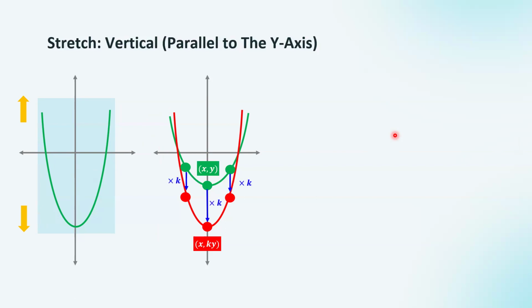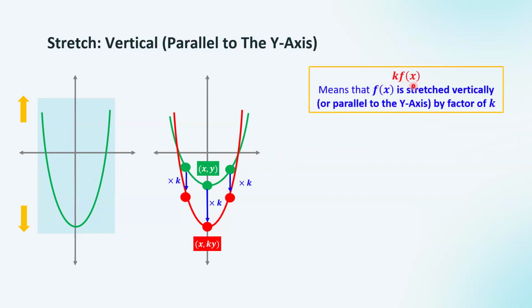Pretty simple, the concept, yeah? And we can see that the x doesn't change, but only the y is changed, right? So we can conclude that k f of x means that f of x is stretched vertically, or parallel to the y-axis, by a factor of k.